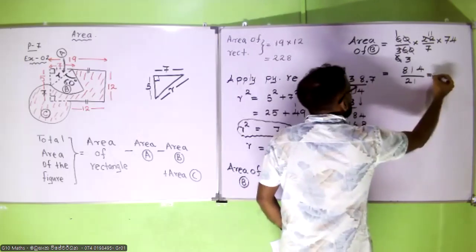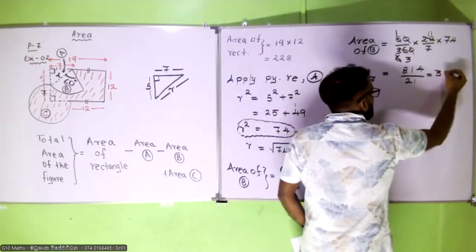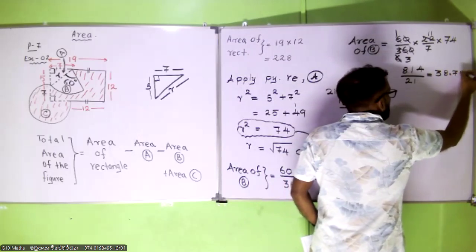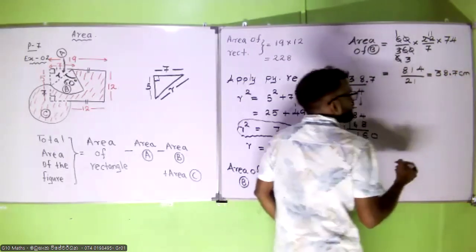Your answer for the area of B should be 38.7 centimeters squared.